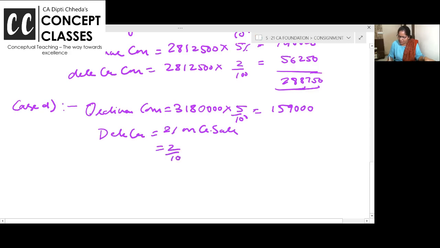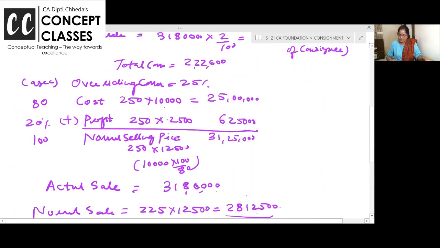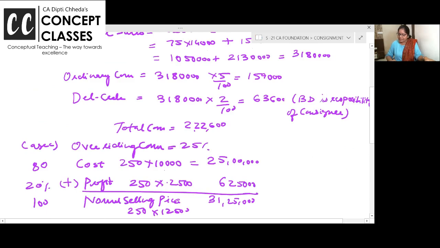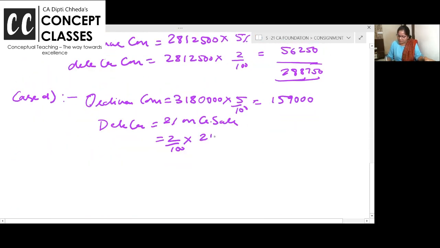Do you have the figure of credit sales ready with you? Credit sales है ना तैयार? 21,30,000 into 2%: 42,600. Okay, right.